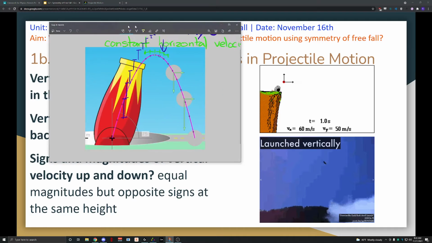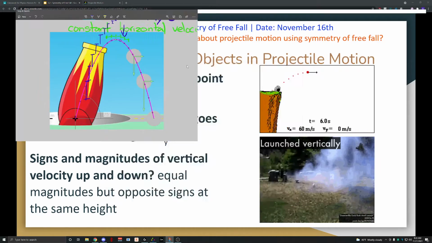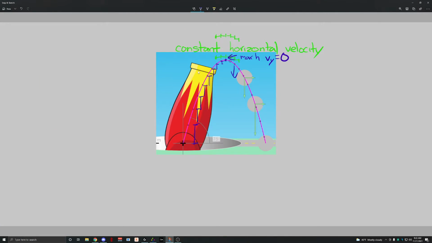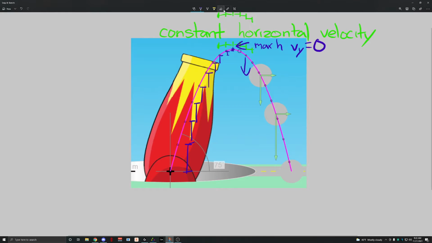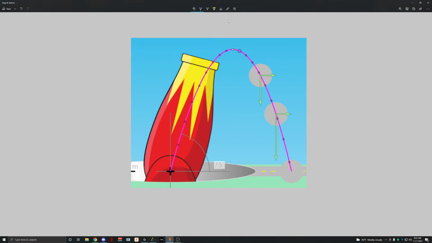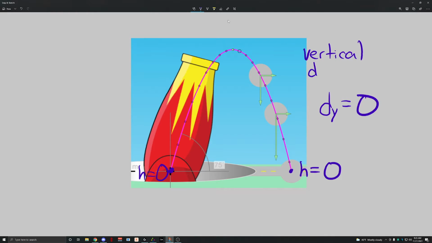The second assumption is about your vertical displacement once it goes back to its launch height. If you launch at a height of 0 and you land back at a height of 0, or at the same height, then your vertical displacement is 0.